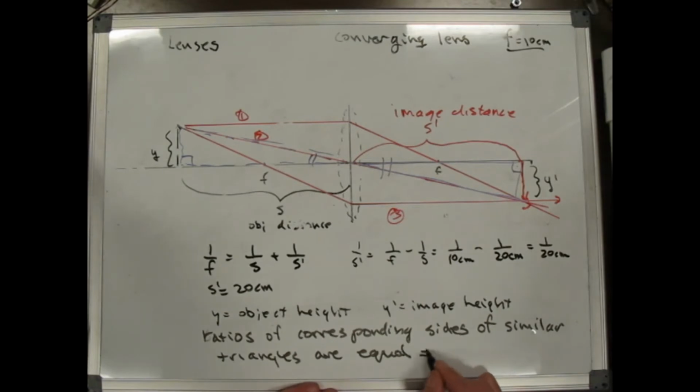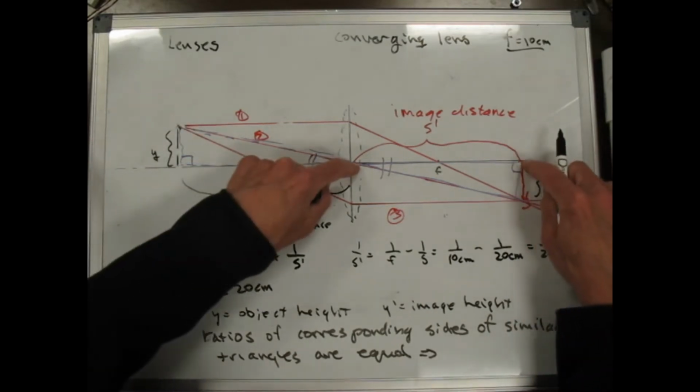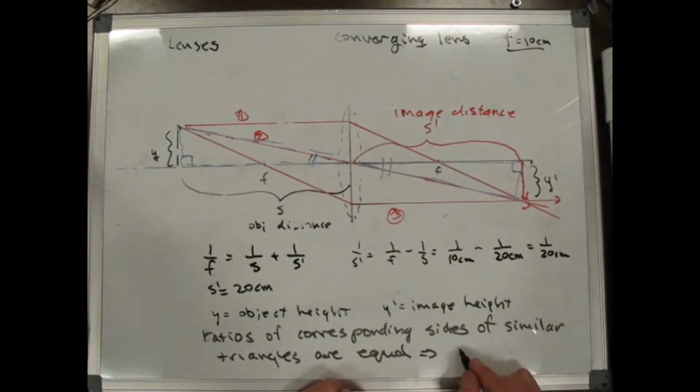And so what that means is that this side to that side is equal to this side to that side. And so y prime over y is equal to S prime over S.